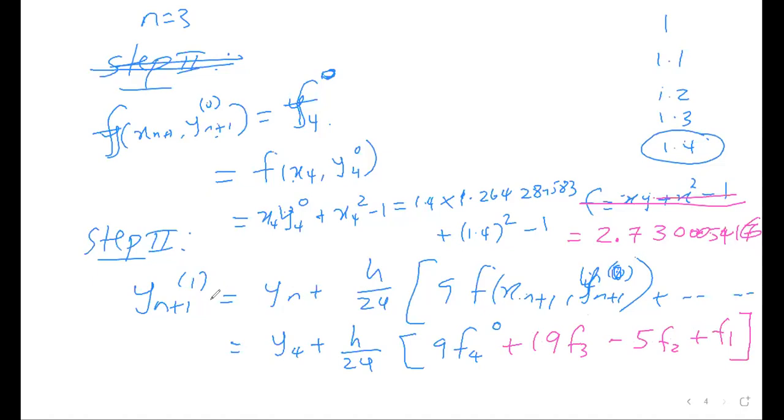In the corrector equation, we don't have f naught, but f4 of 0 is there. Since this is implicit, we are still finding f4 of 1, but f4 of 0 is also involved. That's what we call the implicit case. Now that's all. Just substitute the values.